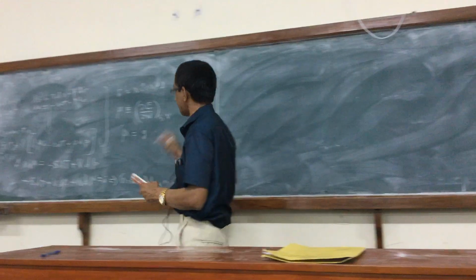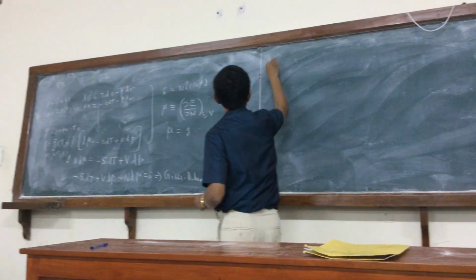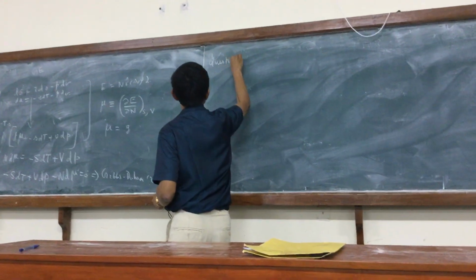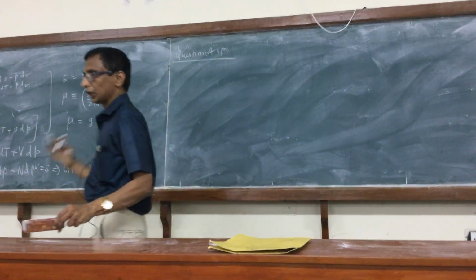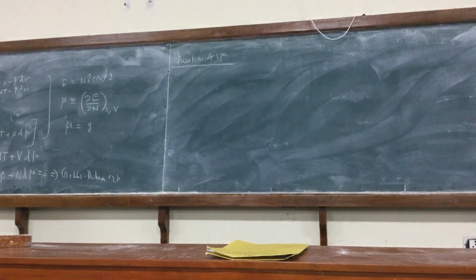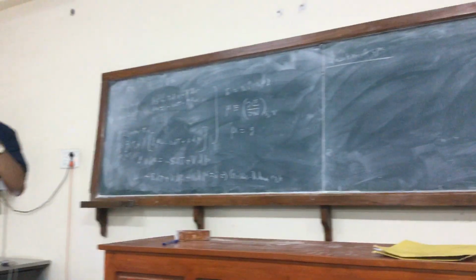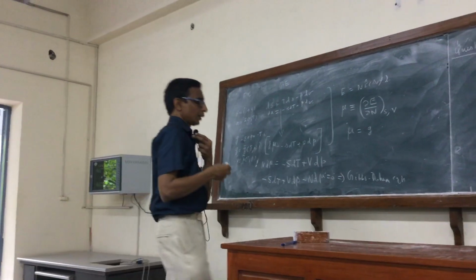Then we get back to the question of specification. That is very important, especially when we go to multi-phases and multi-components. So right now we are talking only about single component.